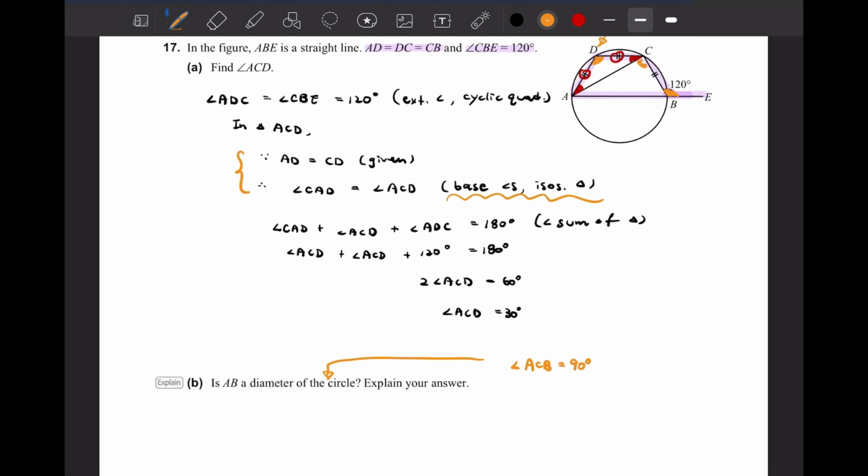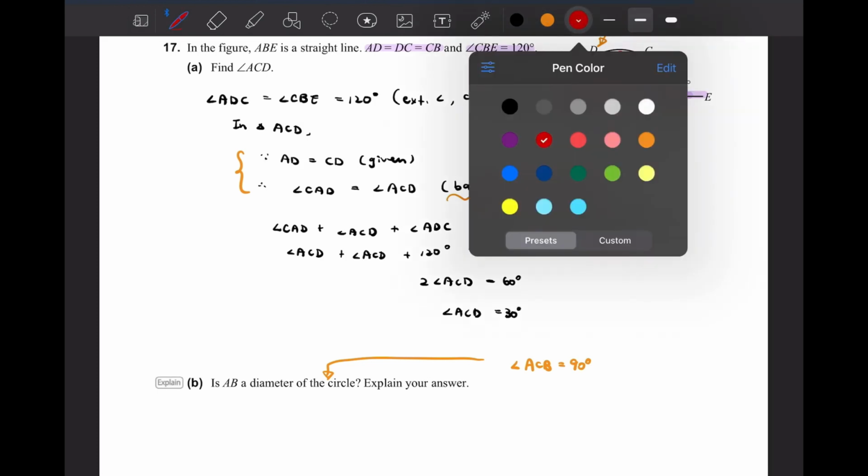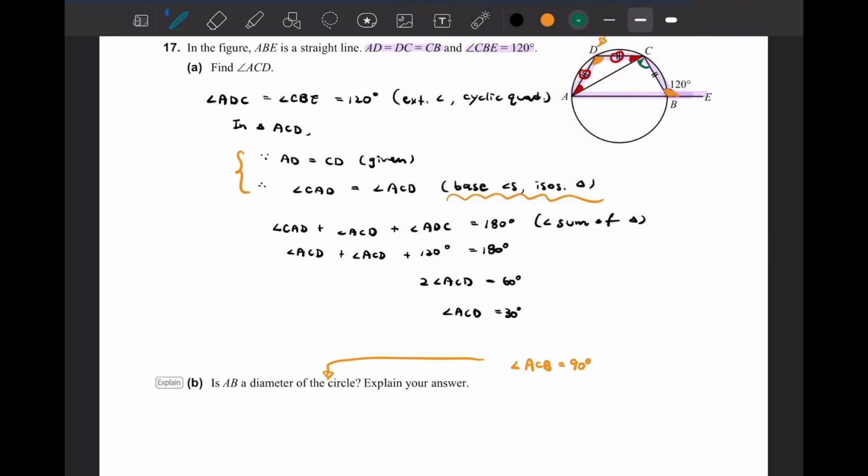So how do we find ACB? So this one here, how can we prove it is 90 degrees? There's information we haven't used so far. So this length here, we haven't used, right? So these are the chords, and when you have equal chords, you know that you have equal angles.